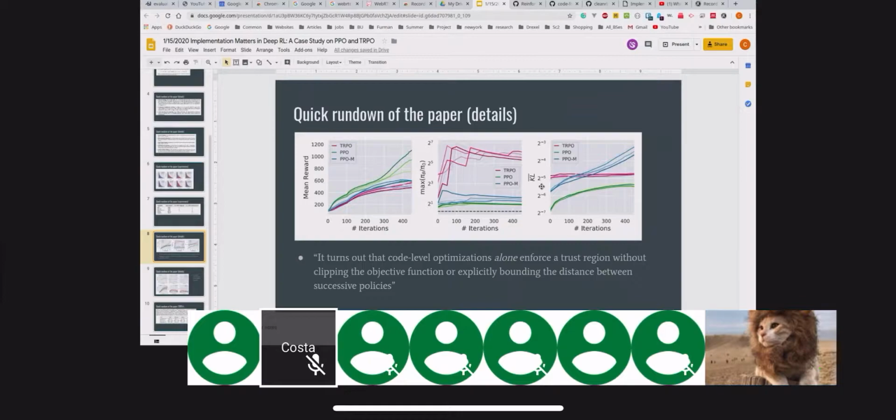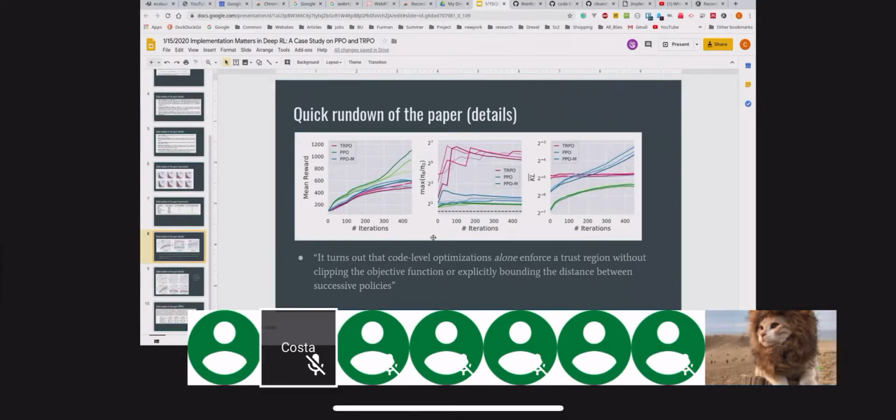I actually don't quite understand why they have a KL out here and a max of pi theta over pi 0, because KL is also a measurement of the differences between different probability distributions. But in this case, it's the same: without the code-level optimizations, the KL divergence just kind of diverges, while the PPO with the code-level optimizations still stays within the trust region boundary.